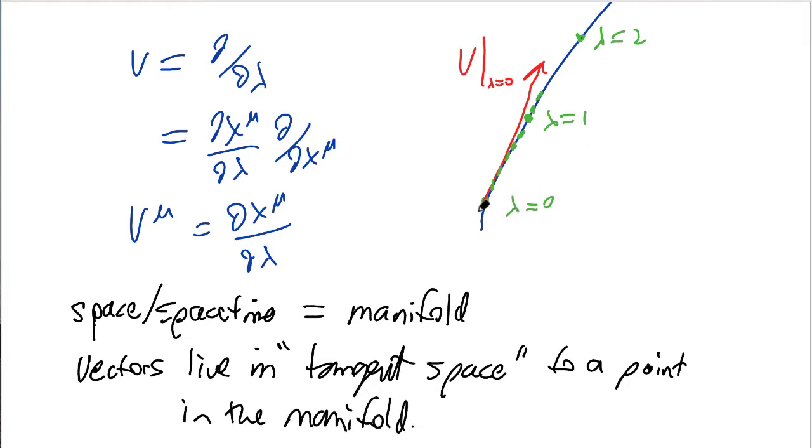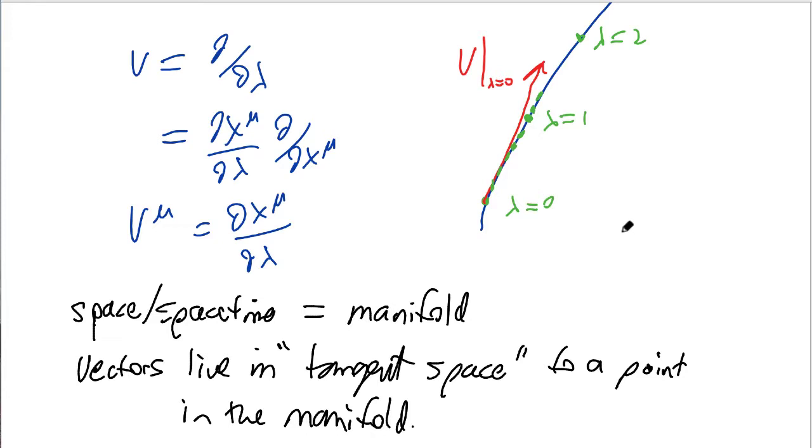The mathematician would say what this picture really represents is a superposition of two pictures. One picture is a picture of the tangent space, where the vector is pictured as an arrow in the tangent space, and that's superimposed on the manifold or the space or space-time itself. So there's really two length scales going on here. That's the mathematical point of view, and that's the correct point of view.